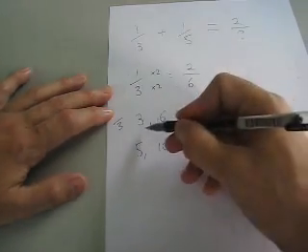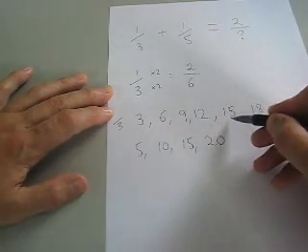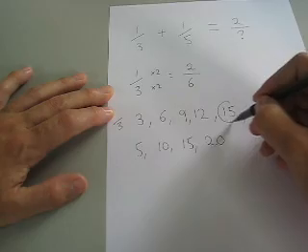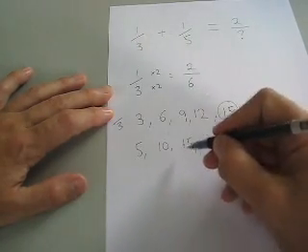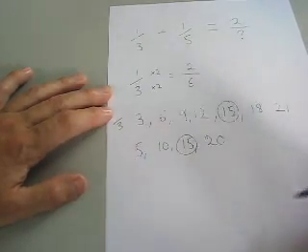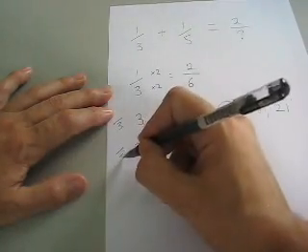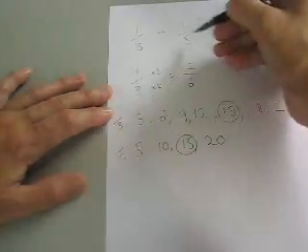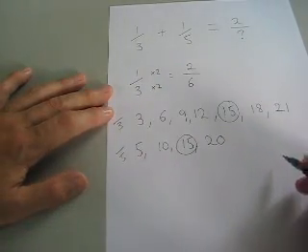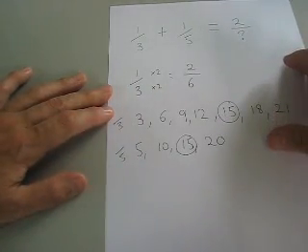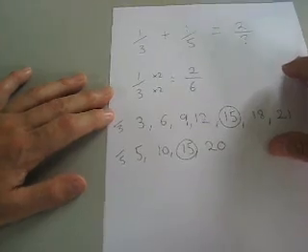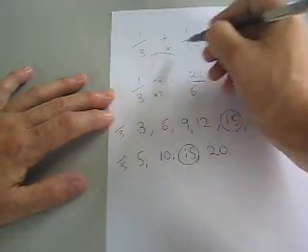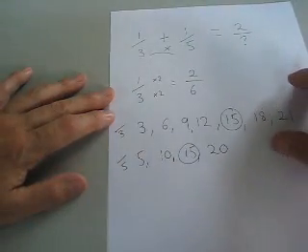Now if I look through my lists, where do I find the same number? Well, I can make 15 from 3, and I can make 15 from 5. So I can make both of these fractions with a denominator of 15. Another way we can see that here is 3 times 5 would give me 15.